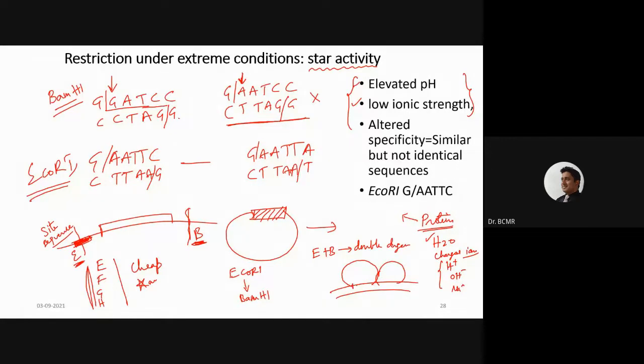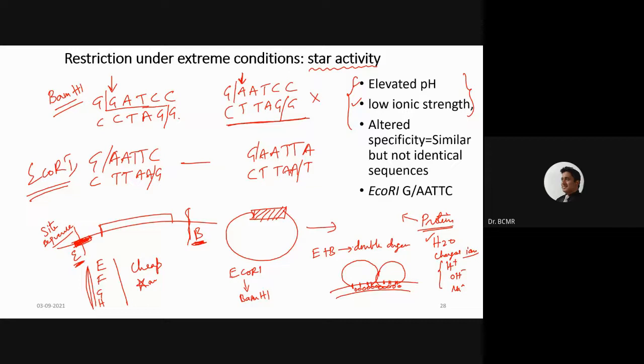There will be some interactions between the DNA and the restriction endonucleases. Restriction endonucleases are sequence specific, and the nitrogenous bases are in the middle of the DNA, in the interior. They are exposed, and they can interact.